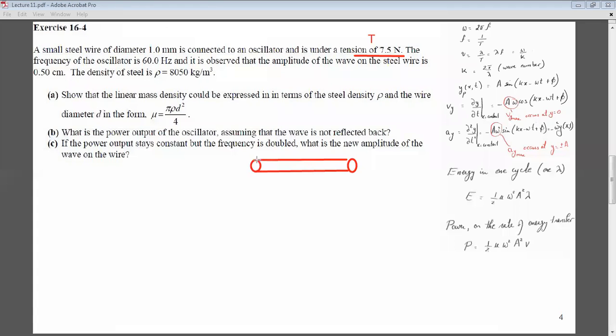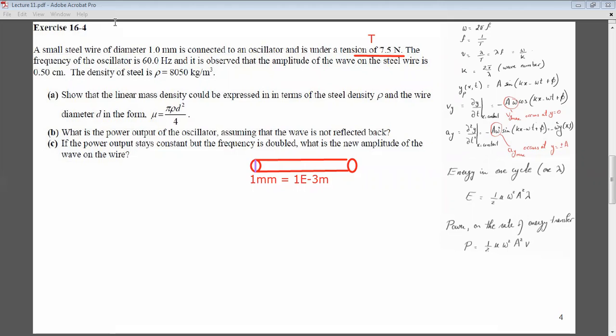The diameter is from here to here, and it is 1 e to the minus 3 meter.